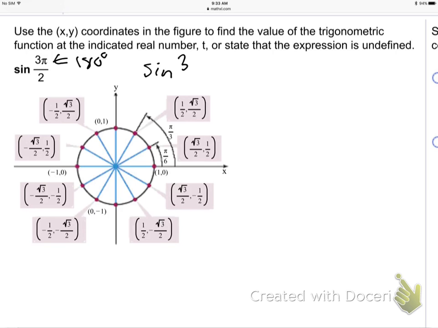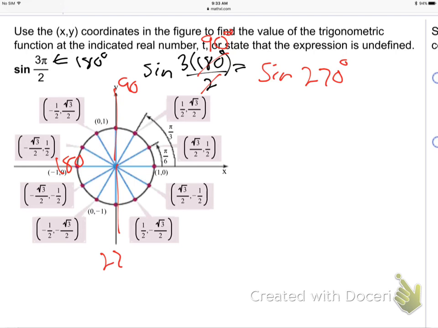You get sine of 3 times 180 over 2. Let's see if I can do it right this time. 2 into 180 90 times, and 3 times 90. I'm thinking that's 270, right? 270, where's 270? This is 90 straight up, 180 over here, 270 straight down. So it's this dot. It's right on the axis.